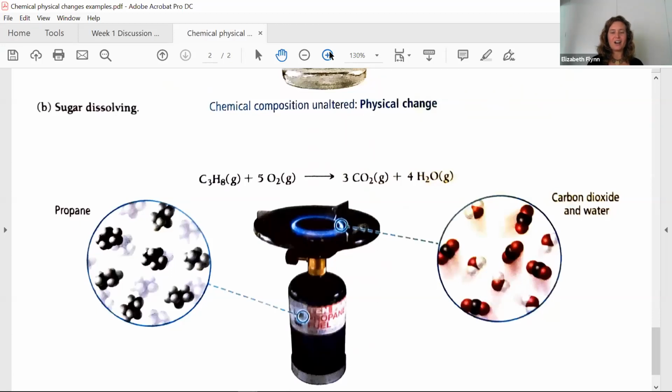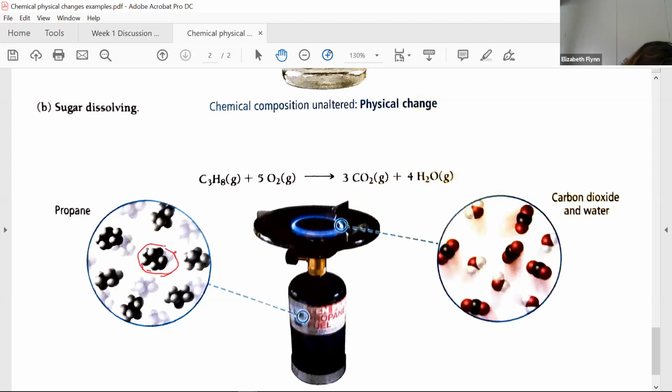So here is the one that we did today, except we had a more fun explosion of a balloon. Also, as you can imagine, that's much more fun in person when it explodes in the front row. But like we said before, is this a chemical or physical change? Here's the propane.